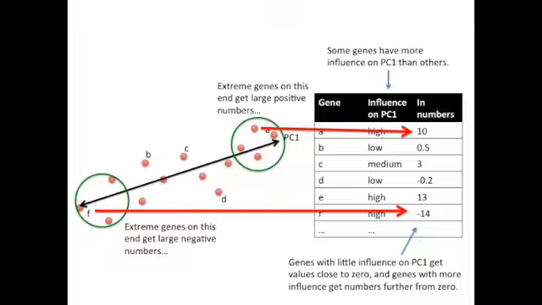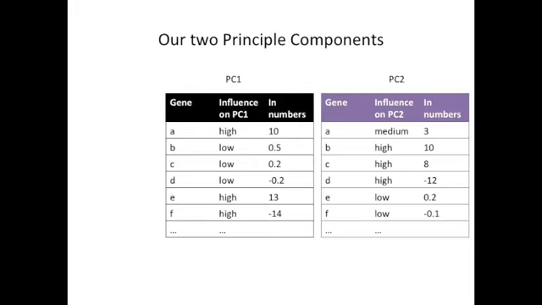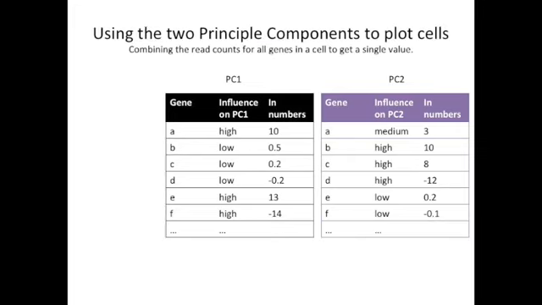So A might get a positive number, like positive 10, and F, because it's all the way at the other end of the line, might get a negative number, like negative 14. Similarly, we could also rank genes and how they influence principal component number 2. Now we have 2 tables of genes and the influence they have on the principal components. One is for principal component 1, and the other table is for principal component number 2.